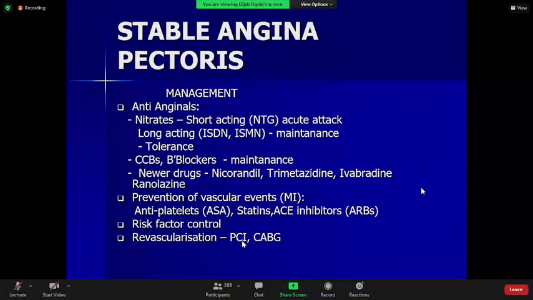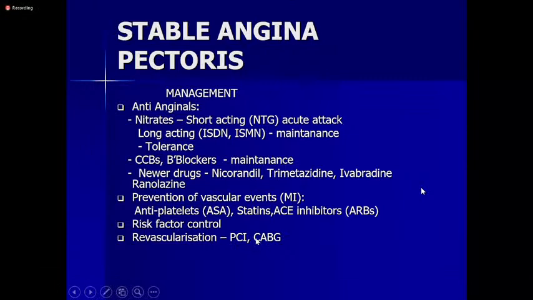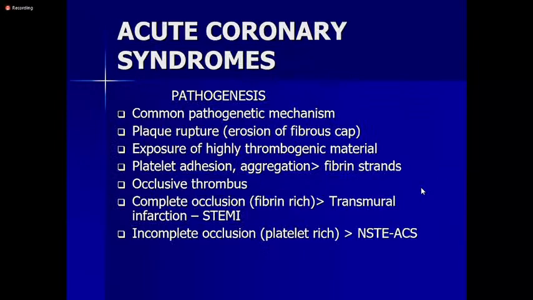So percutaneous coronary intervention or coronary artery bypass grafting. I think that's it about stable angina. So we'll go to the acute coronary syndromes. So like I mentioned earlier, there are two types of acute coronary syndromes, and we'll go into that.